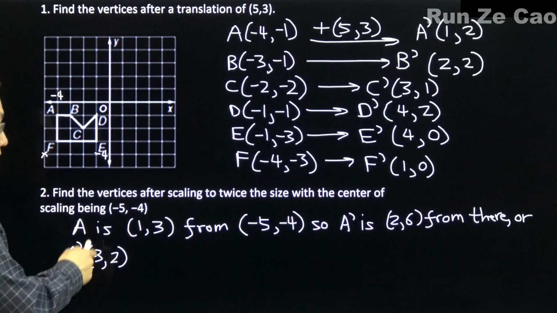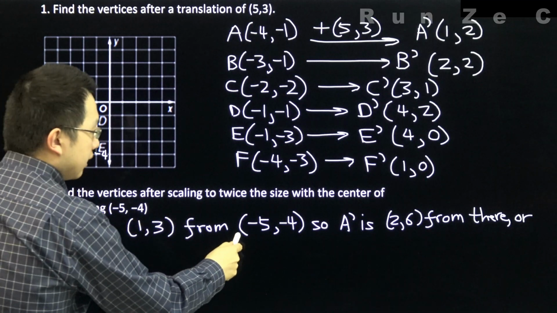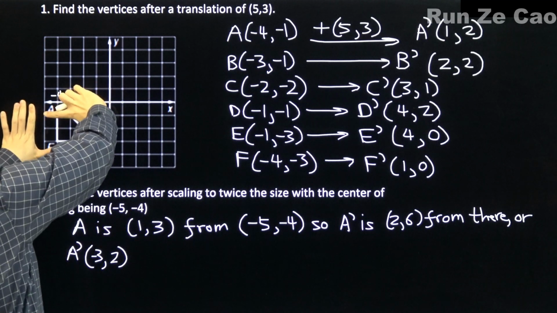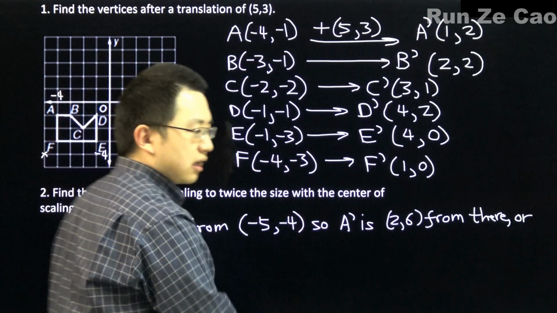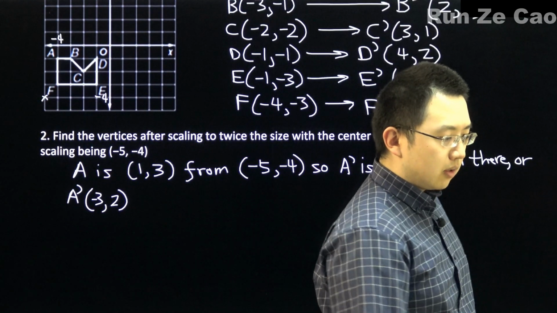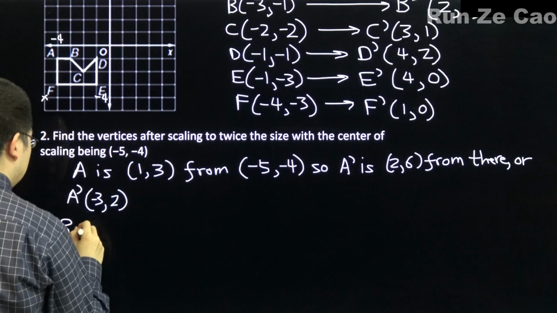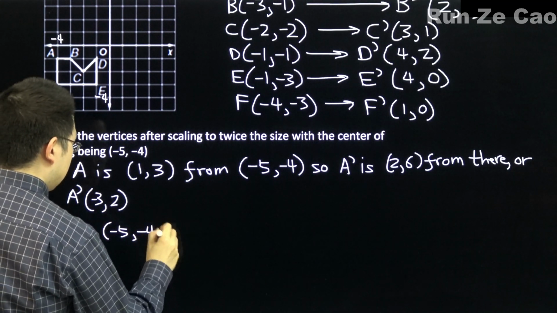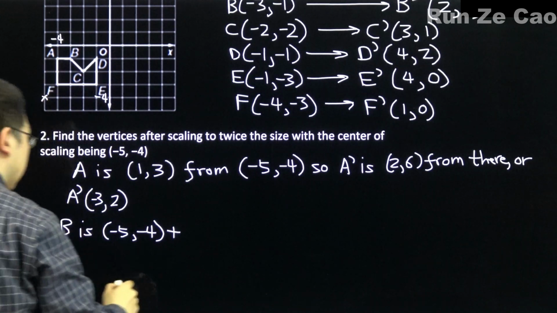So what happens is that we see that A is 1 grid over and 3 grids up from -5, -4. Okay? To project the whole thing to be twice as big, we need A to be twice as far away. So 2, 6 from there for A prime, or we end up with -3, 2. Now for B, it is -5, -4 plus 2 grids to the right, 3 grids up.